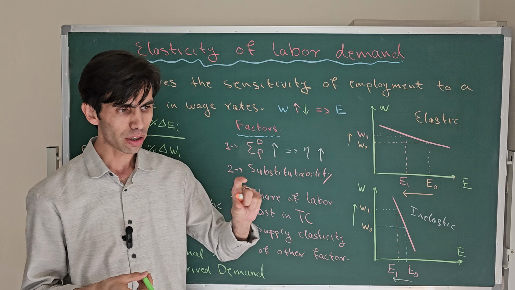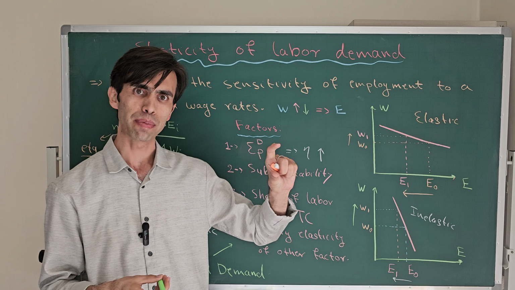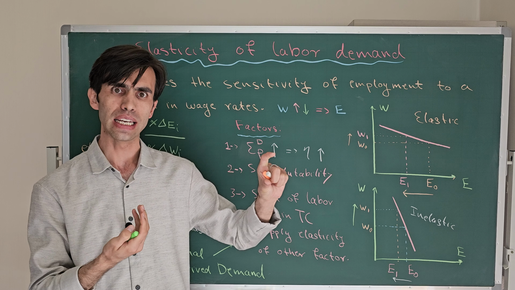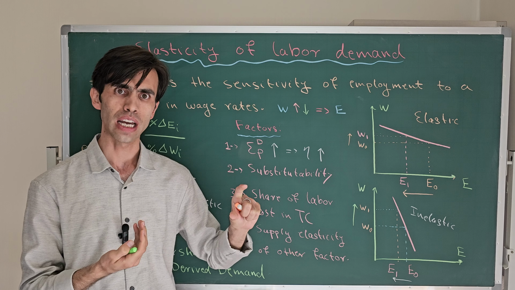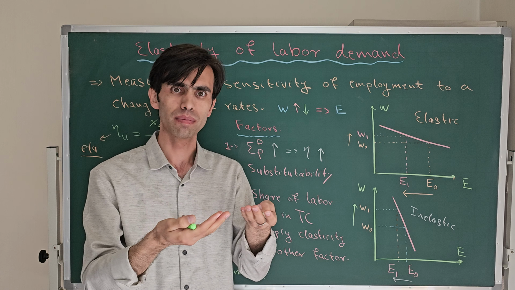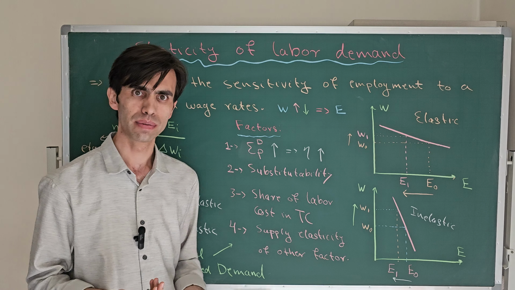When the demand for capital increases, the price of capital will increase, and since the supply of capital is highly elastic, the capital producer or supplier will supply more capital. In this case, it's easy to substitute capital for labor.